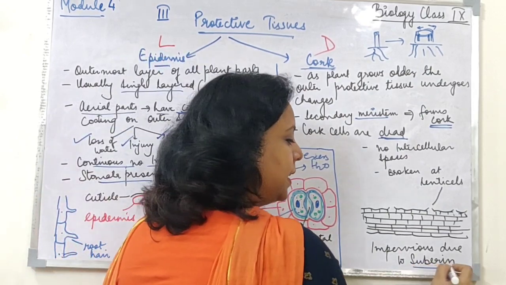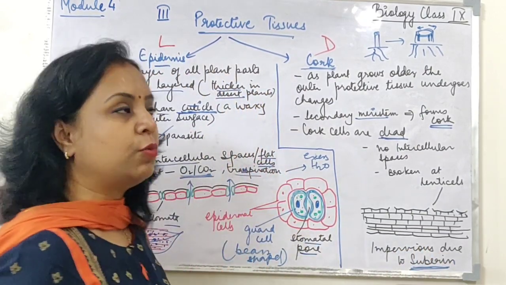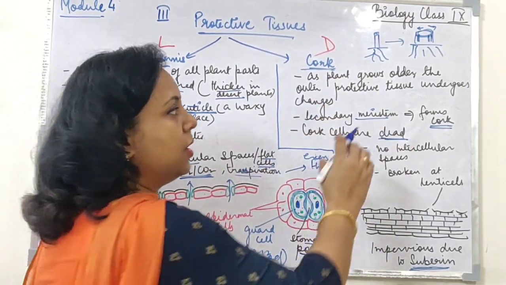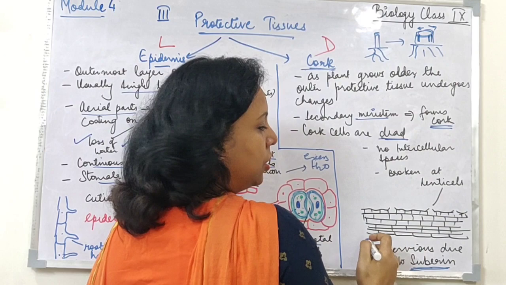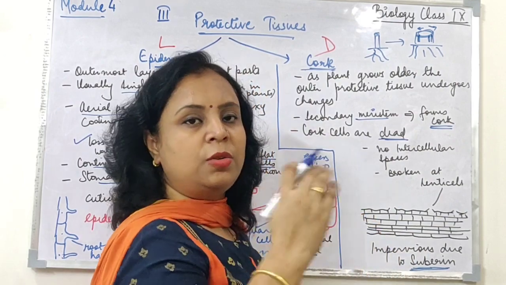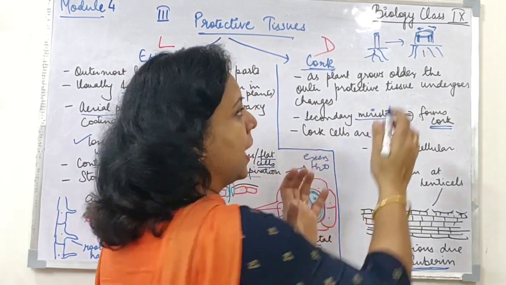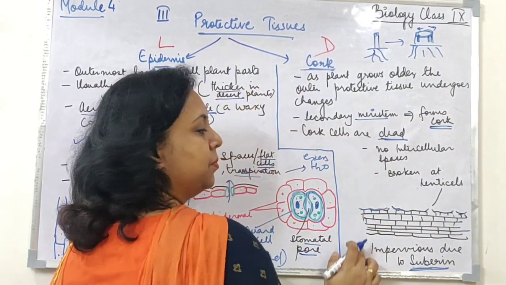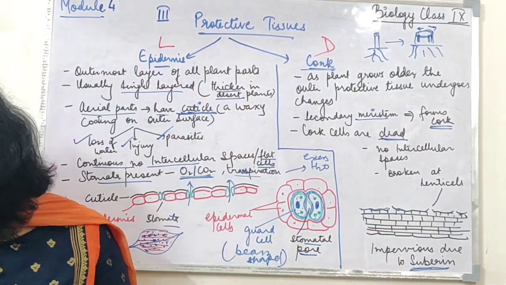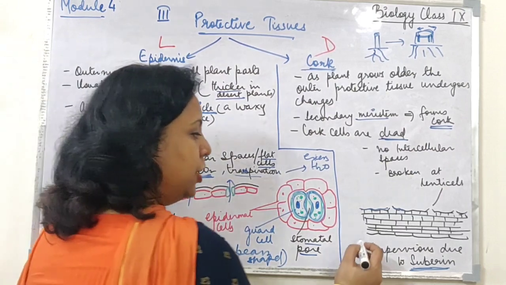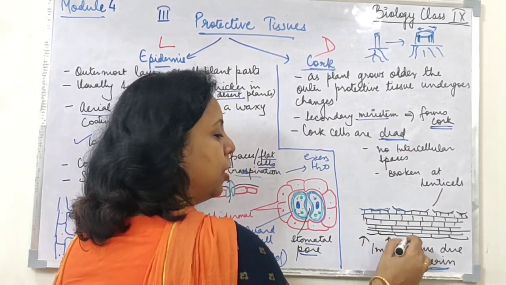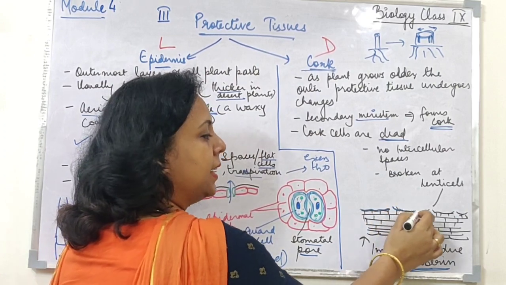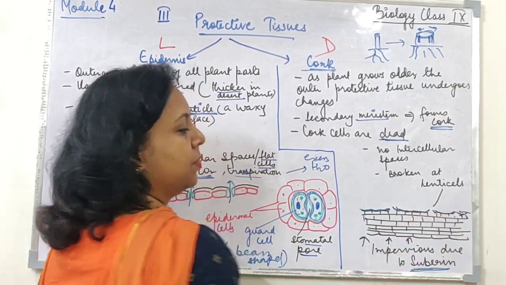So suberin is the gum-like substance which is depositing in these cells of cork, and because of continuous growth from within, what happens? The cork gets ruptured. This is the structure. If you see, there are many layers and new layers are being added from within. So what happens? The outermost layer gets broken.